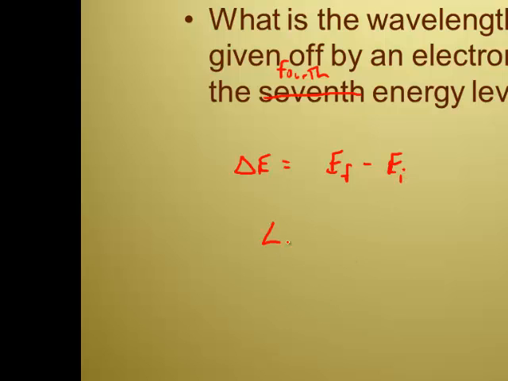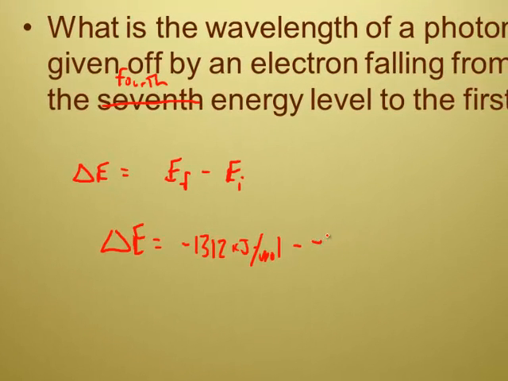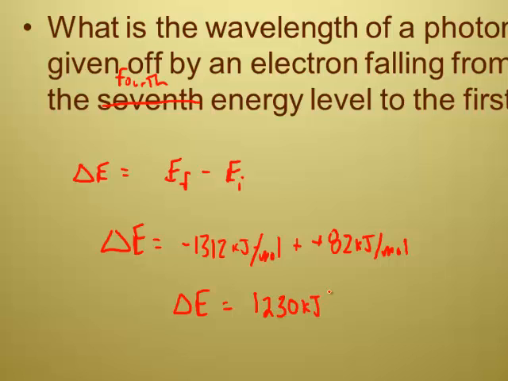Final is negative 1312 kilojoules per mole, and the initial was when it was in the fourth energy level, so that was negative 82 kilojoules per mole. Notice there's a double negative here, so it's basically adding. Basic algebra skills. So the change in energy is negative 1230 kilojoules per mole.